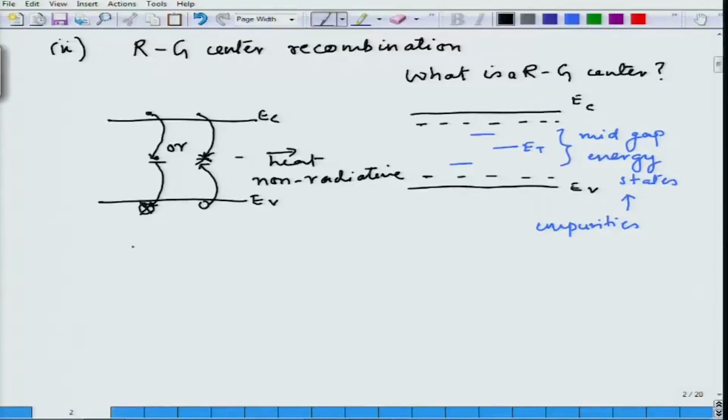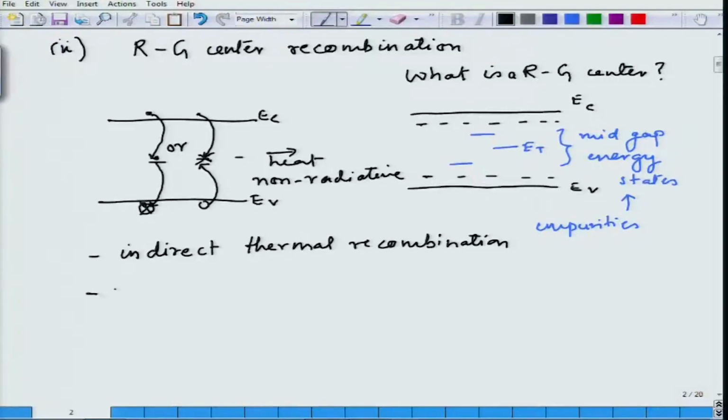For this reason that it is an indirect thermal recombination, this process is also called indirect thermal recombination, direct thermal recombination being the process where band to band transition takes place.